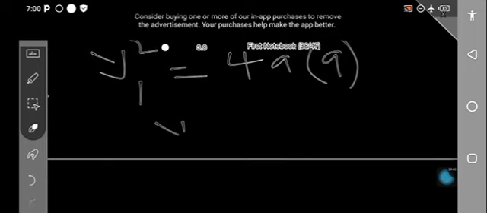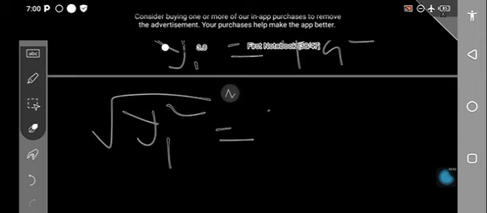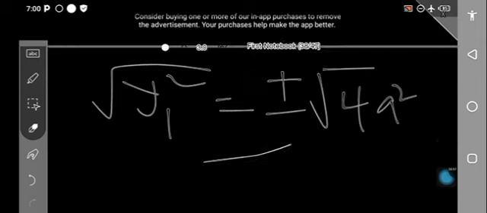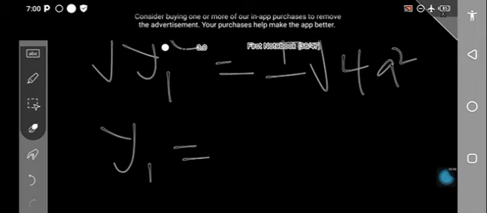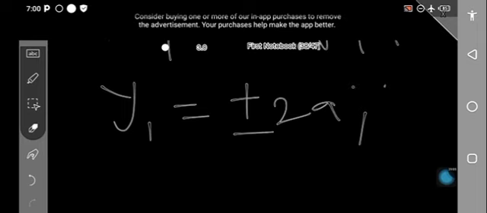So y1 squared equals 4a squared. Now take the square root of both sides, so y1 equals plus or minus the square root of 4a squared, which is plus or minus 2a. Now we have two values here: 2a and minus 2a.